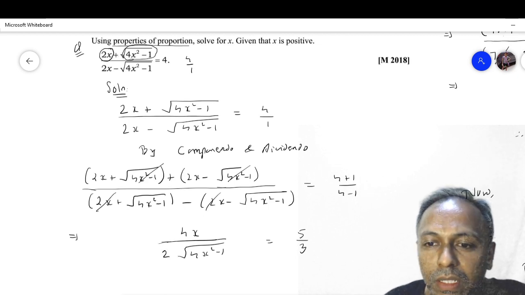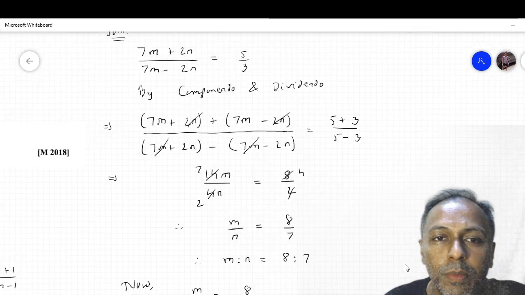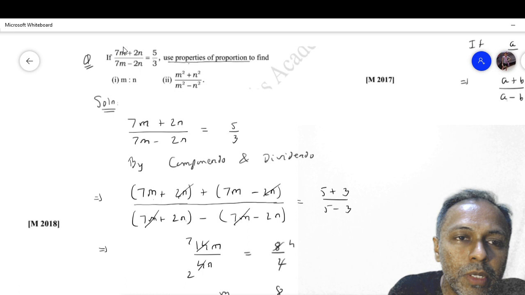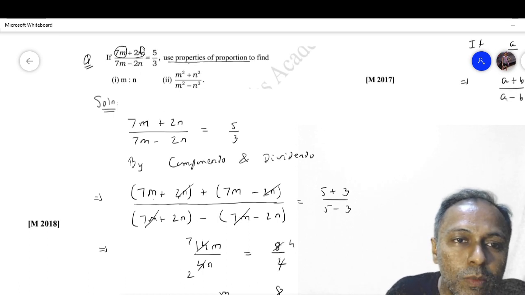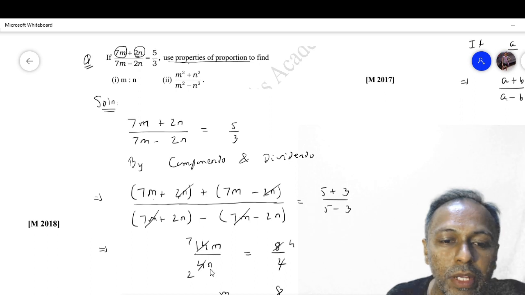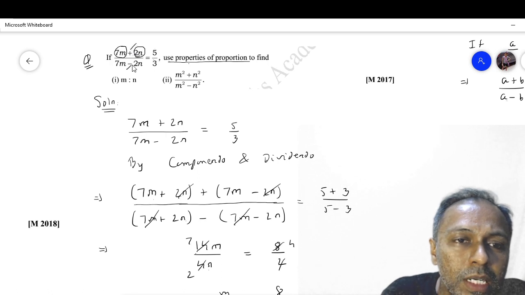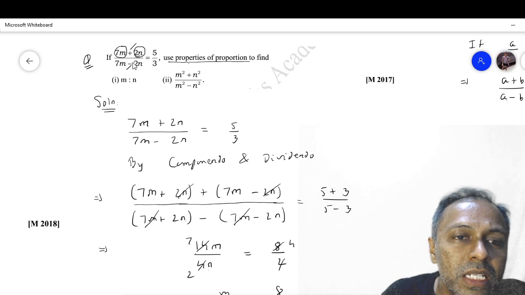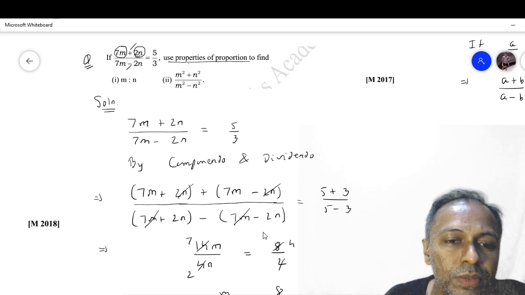If you would have checked with the earlier problem also, you would get 7m's double becoming 14m, and second term 2n's double becoming 4n in denominator. But that is because the plus sign is in numerator and minus is in denominator. If the question contained minus up and plus down, then definitely the pattern would change.